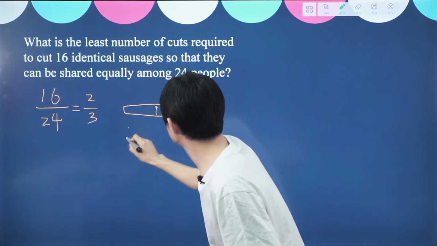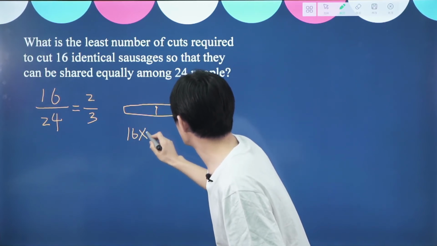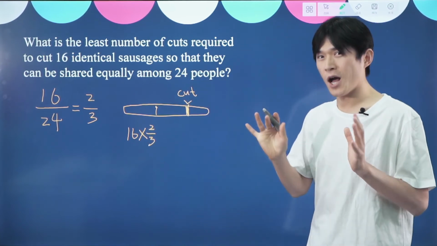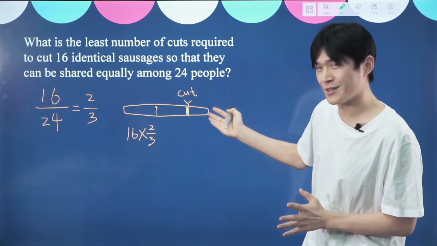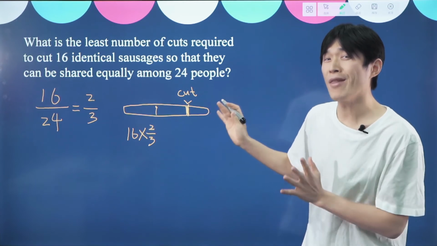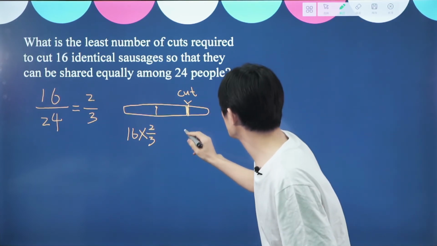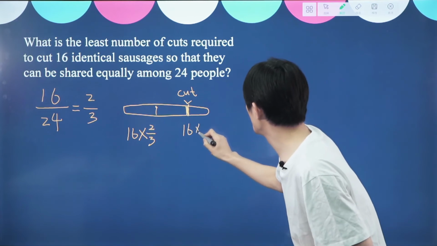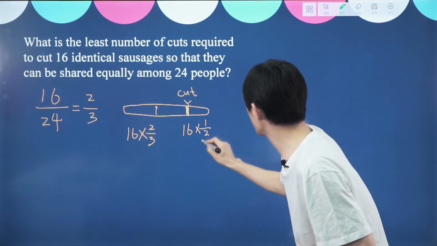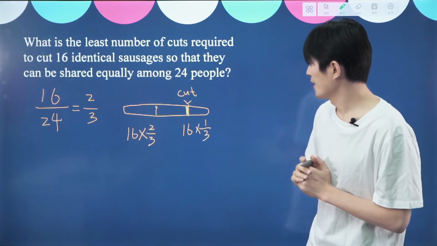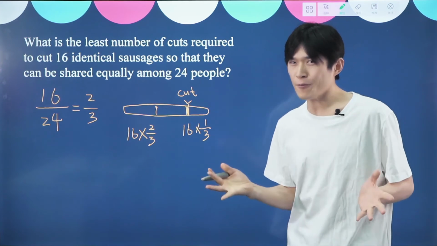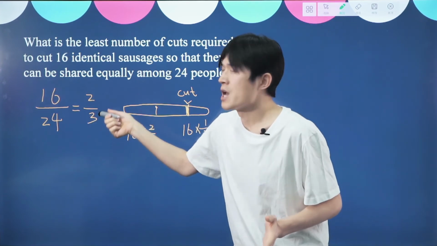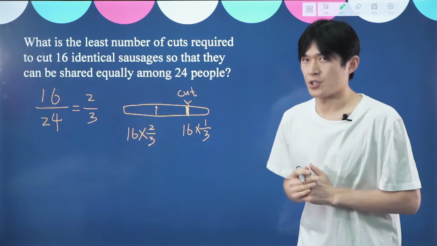Here we go, 16 times 2/3. And we also have this part: 16 units of 1/3 of sausages. Now we have 24 people, and we know that each person has 2/3 of the sausage.